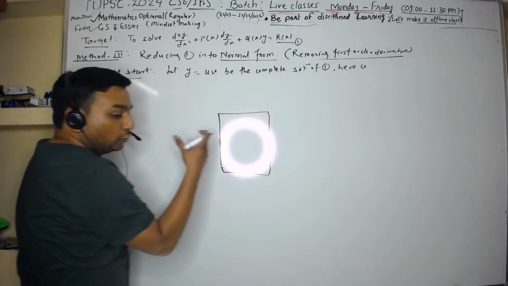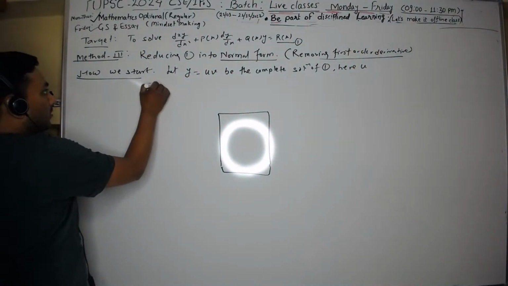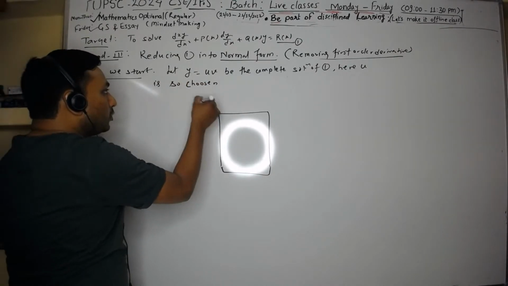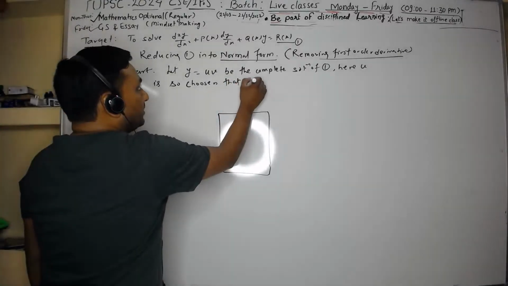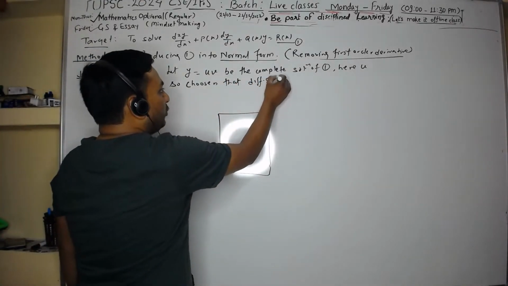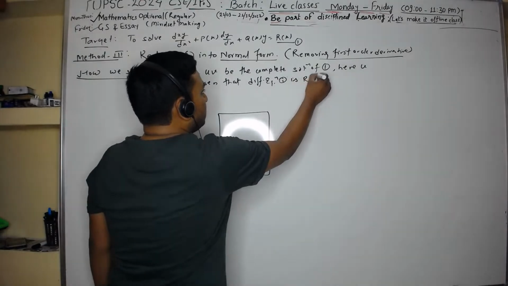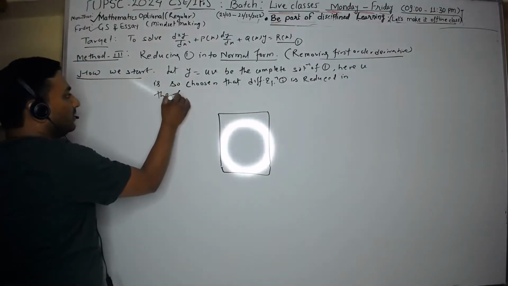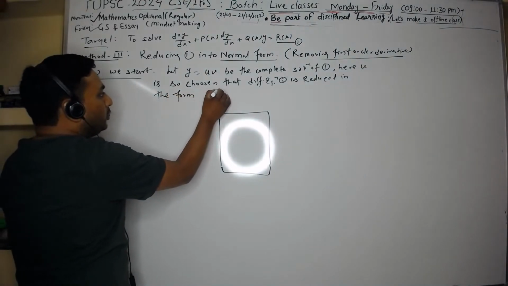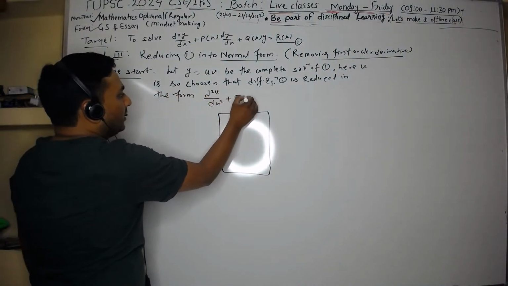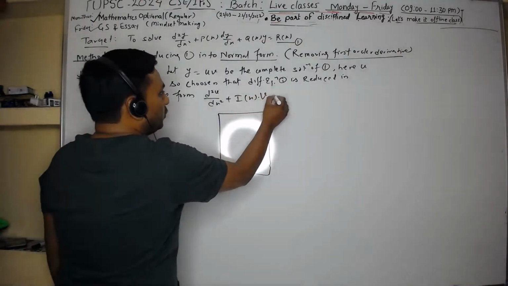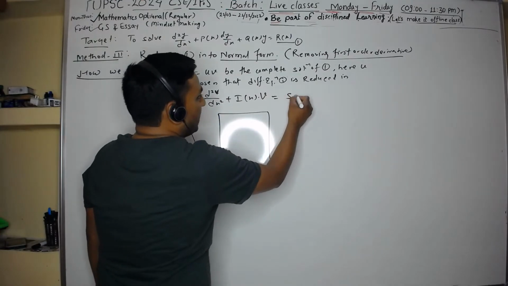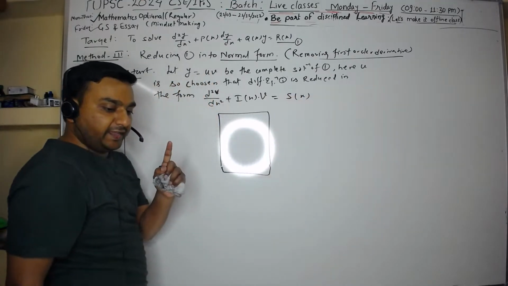Here u is so chosen that differential equation 1 is reduced in the form d2v over dx square plus some function of x into v equals some function of x.